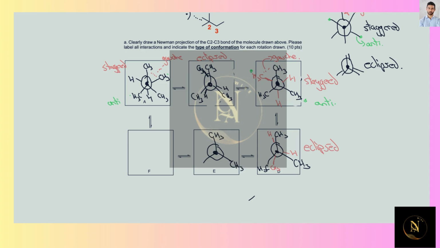CH3, CH3, CH3. And now the CH3 is going to be on this position right below. CH3, hydrogen, and hydrogen. So we're going to have an anti-interaction between this guy and this guy. These are anti to each other. And we're going to have gauche interactions, in red, just to keep everything as it was. Gauche interaction in between the methyl groups on both sides. And the final is another eclipse configuration.